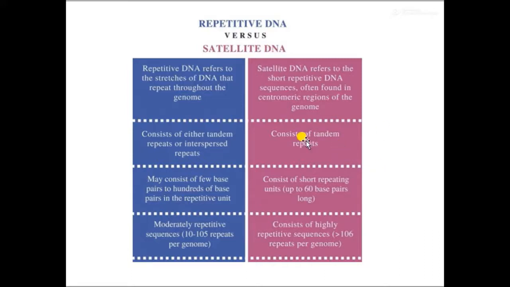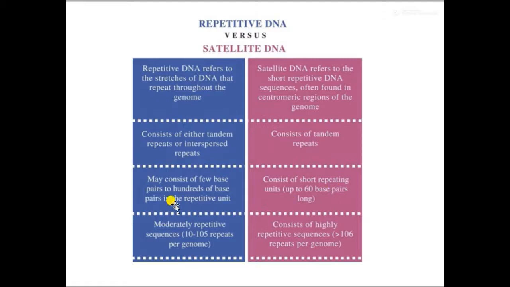In the case of satellite DNA, they are tandem repeats, and repetitive DNA mainly consists of a few base pairs to hundreds of base pairs in the repetitive unit, but satellite DNA is a little bit shorter and will be only up to 60 base pairs long.